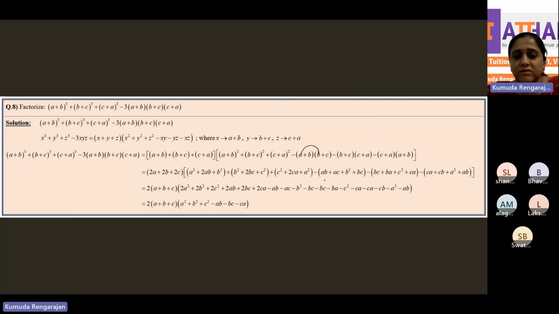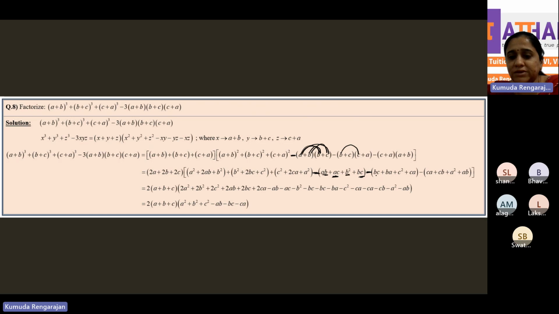So this minus sign I've not disturbed. This minus is outside. Multiply with brackets: a into b, ab, plus a into c, ac, b into b, b square, b into c, bc. Same thing here. Minus we are not multiplying, only the terms inside the bracket.